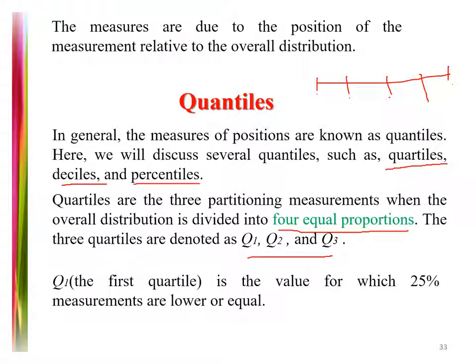Q1, the first quartile, is the value at which 25% of the measurements fall lower or equal. So this is the first quartile cutoff point, and 25% of the measurements fall in this interval.